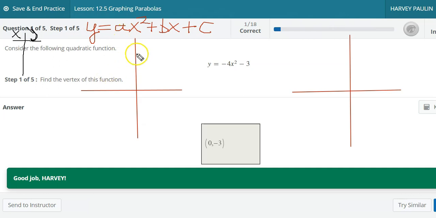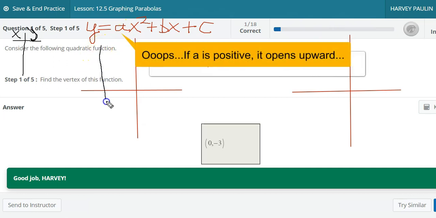And the shape of this graph is going to be a parabola, which I will draw shortly. Now, if our a term here is positive, the parabola is going to open up, and if negative, downward like so.